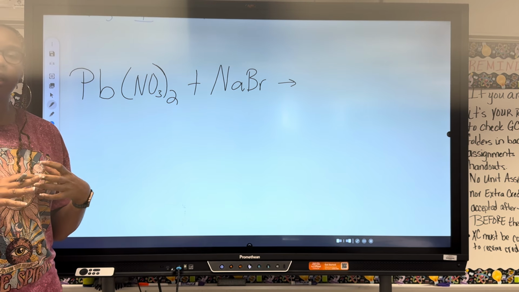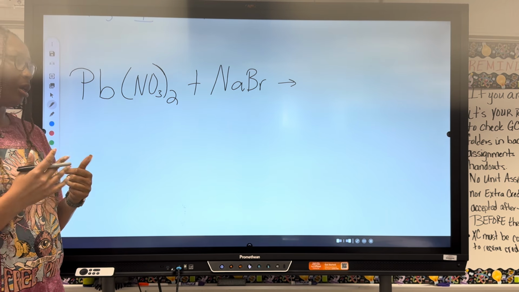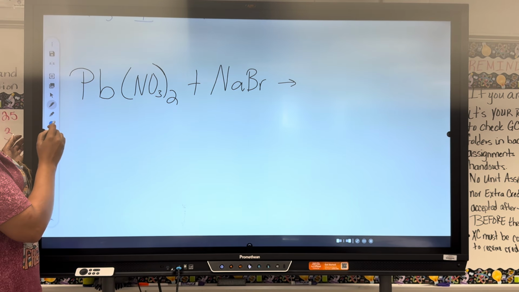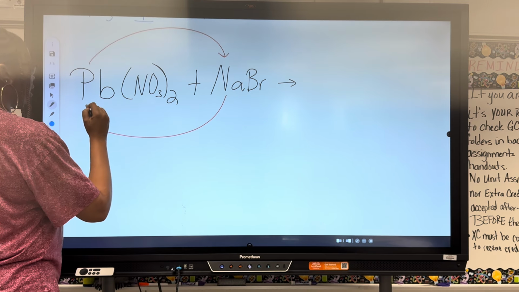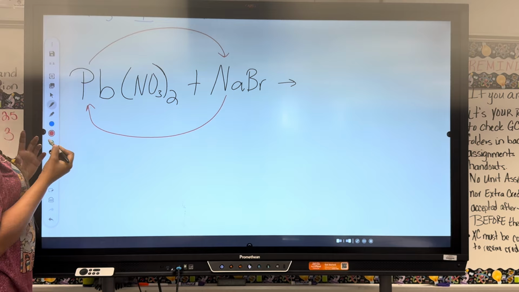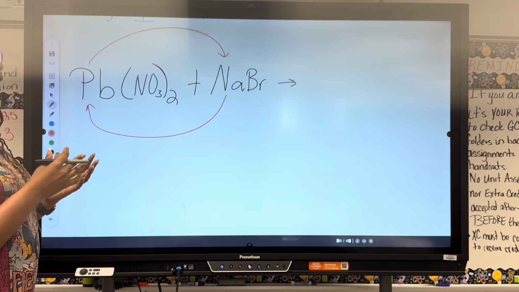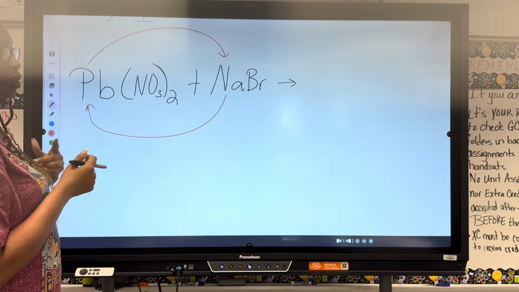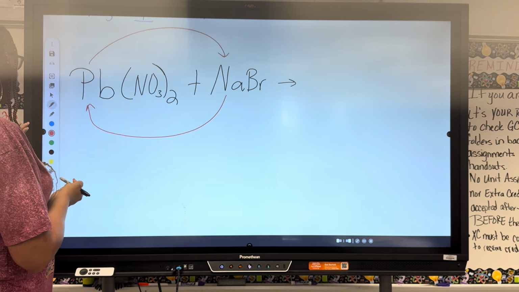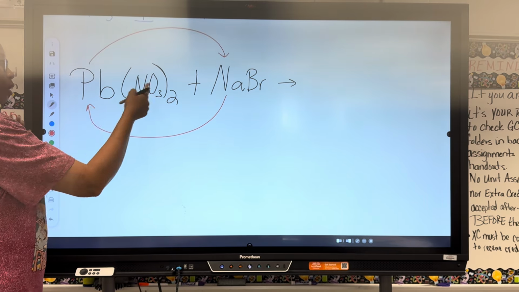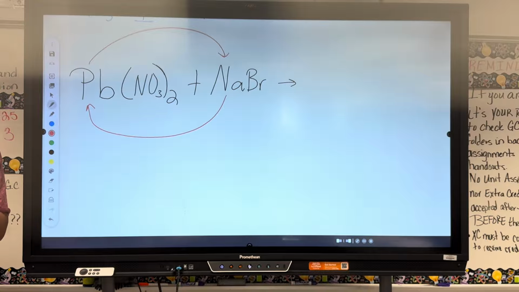And so this is going to be a double replacement or a double displacement reaction where you can switch either your anions or your cations. It doesn't matter as long as you don't switch an anion for a cation. So first name can switch with first name or last name can switch with last name. I'm going to choose to just go ahead and rearrange the cations because cations are written first.